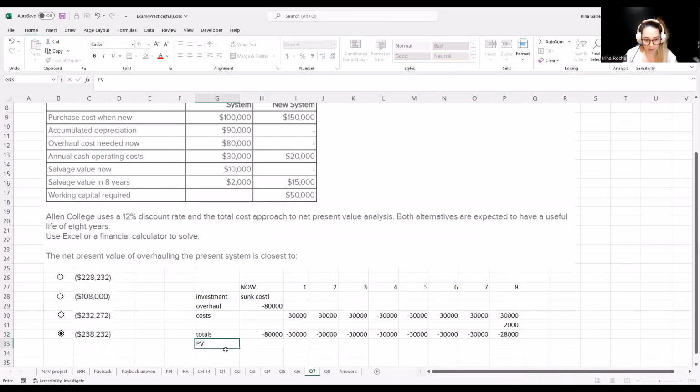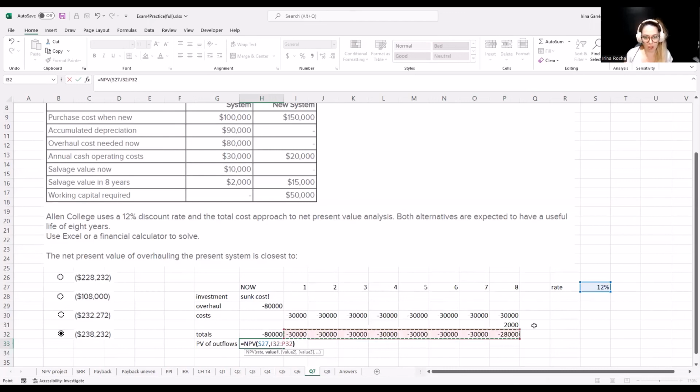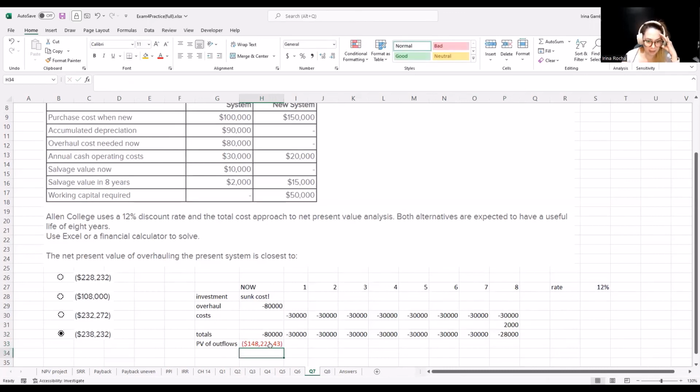So the present value of outflows, oh, and the rate is 12%. I use the net present value formula for this rate and all of these values right there, right? My cost.